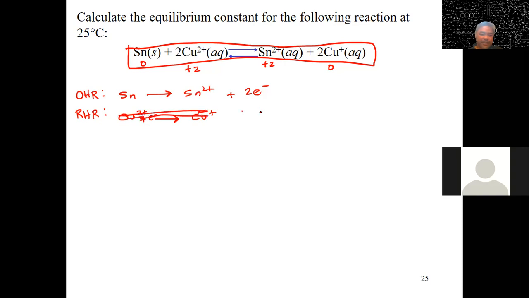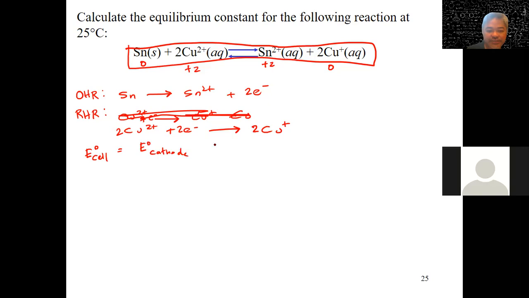Copper 2+ plus electrons producing copper. And then we just balance it because there are 2 electrons involved in the exchange. Okay? So in that case, if we're going to look at the cell potential here, we're going to go with what? The cell potential of the cathode minus the cell potential of the anode.